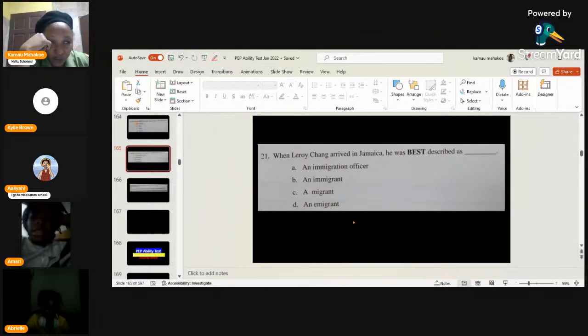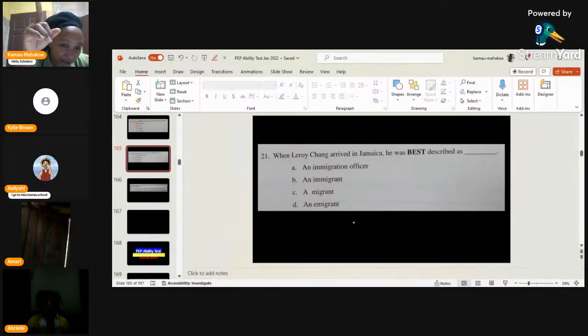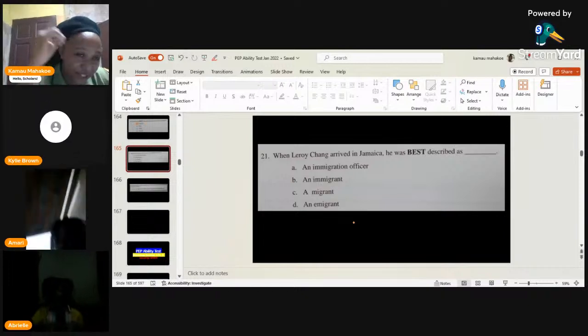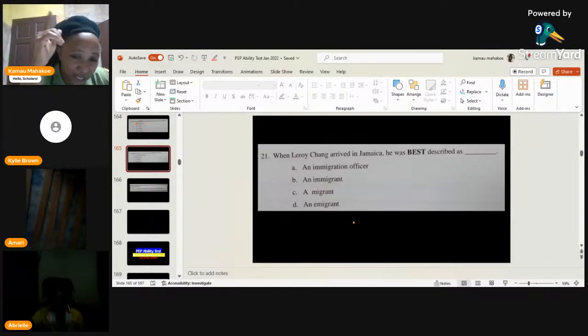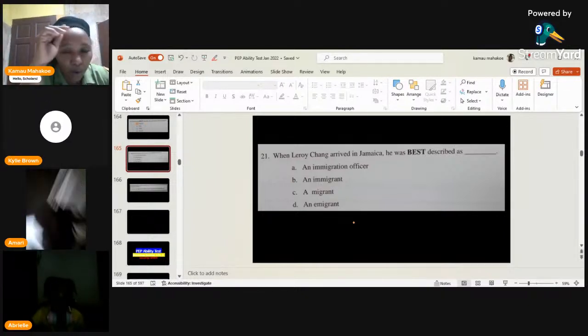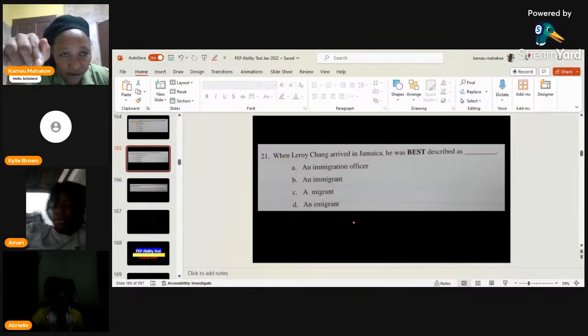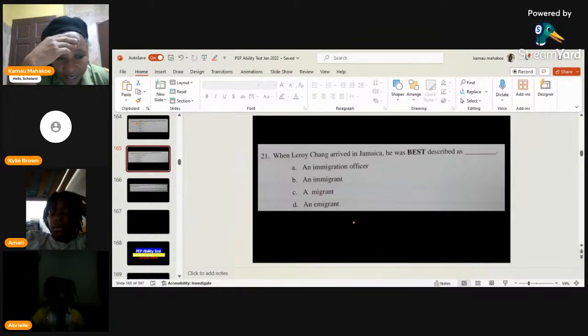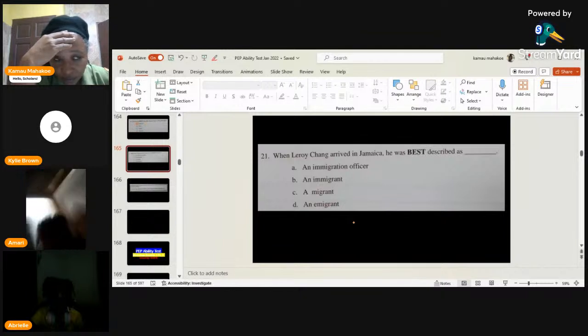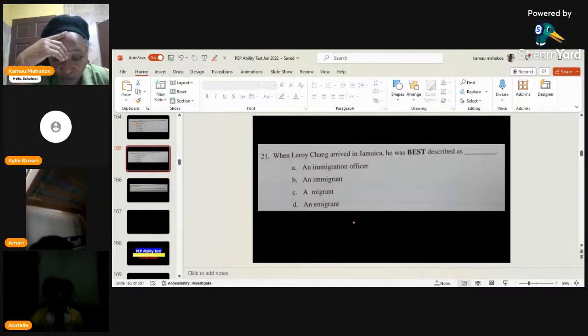So he emigrated from China. He left China. He emigrated with the E, right? But when he's coming into Jamaica, arriving in Jamaica, he's now an immigrant into Jamaica. It's the same person moving.